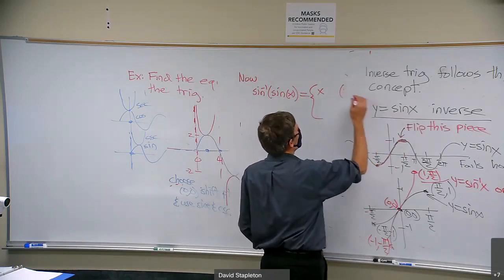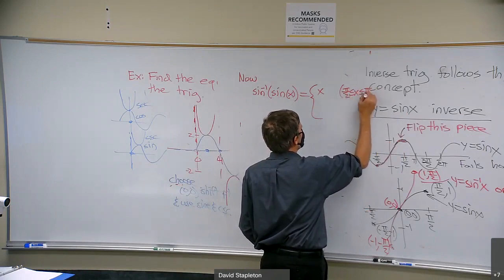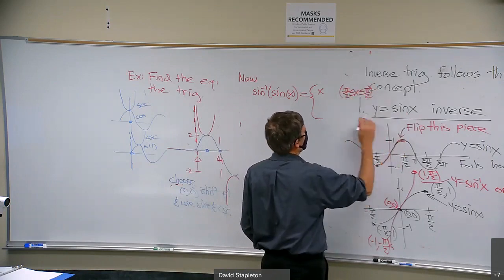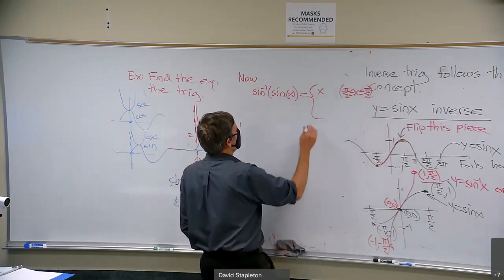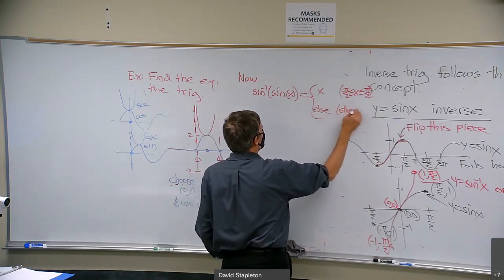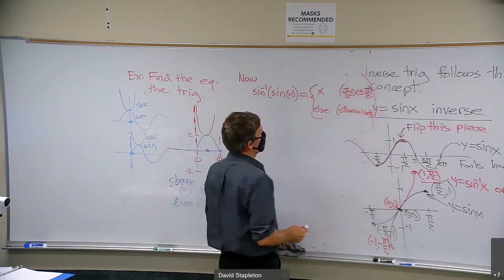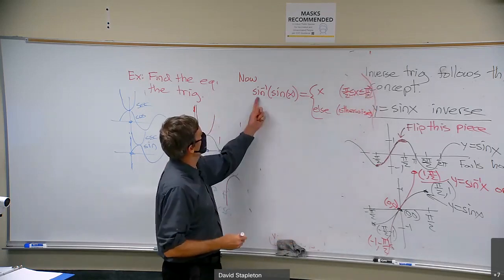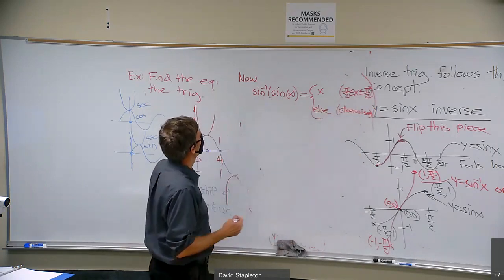This is why you need that preamble there. Minus pi over 2 less than or equal to x less than or equal to pi over 2. This works because this is the piece of the sine function you flipped, right? But you'll get something else otherwise. There's the disclaimer. Since you only picked a piece of the function, the inverse sine will only undo the sine for these values of x that came off that piece.